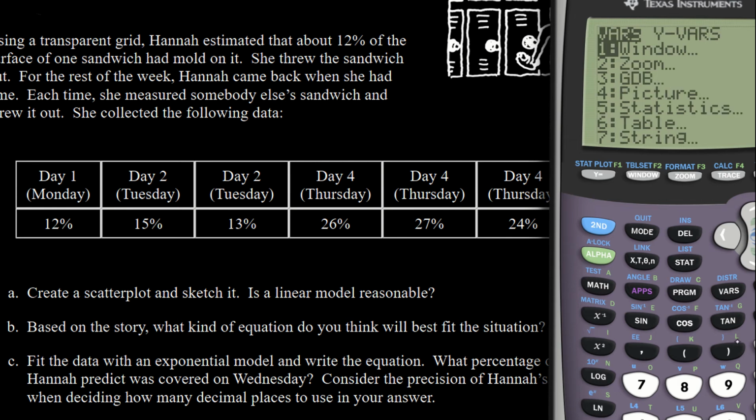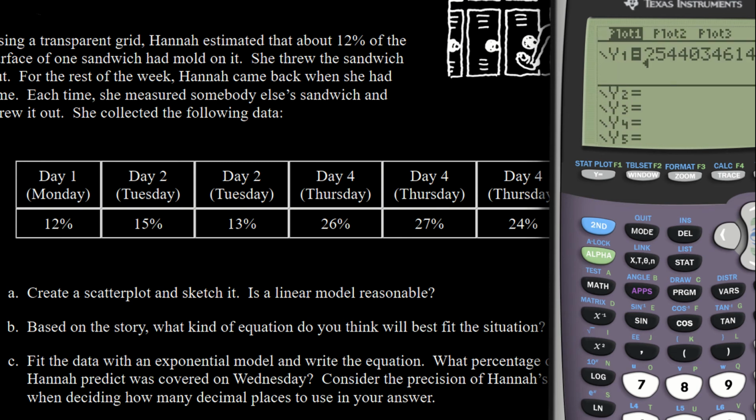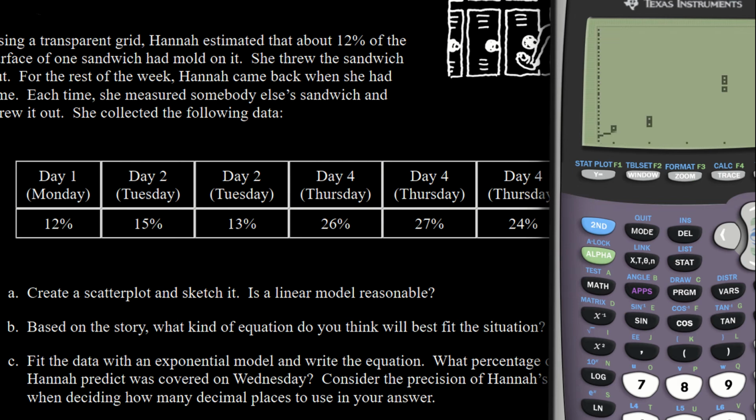Nope. Yeah, it's a statistic variable. It's an equation, and it's that last regression equation I did. So you can see that's it. To see this, I'm just going to hit zoom and then 9 again. So there is my data, and you can see the exponential model that's curving there.